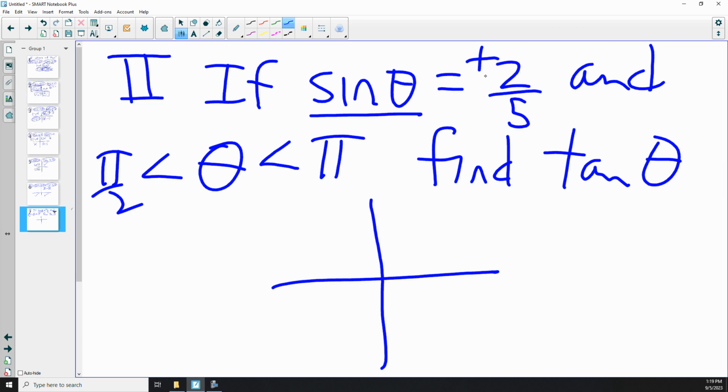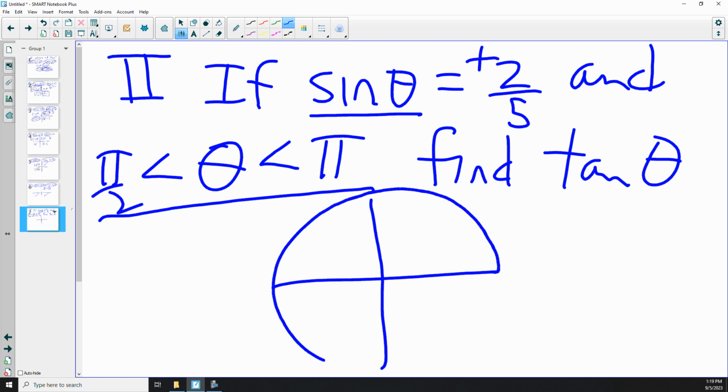Upper. But look at where this is. Round and around we go. Where we stop, I know. We stop, you don't know? We are past pi halves. Where is pi halves? And we are not quite to pi.